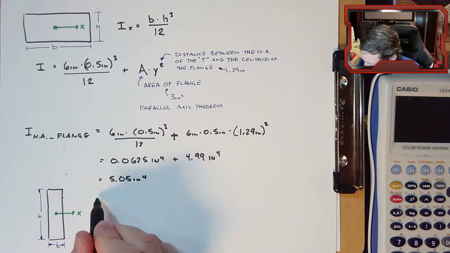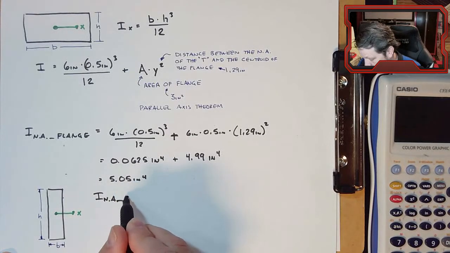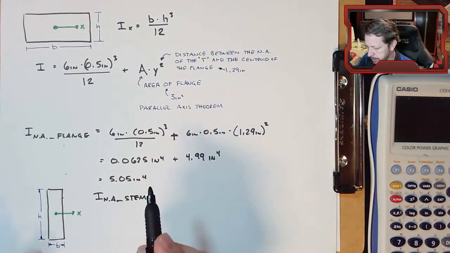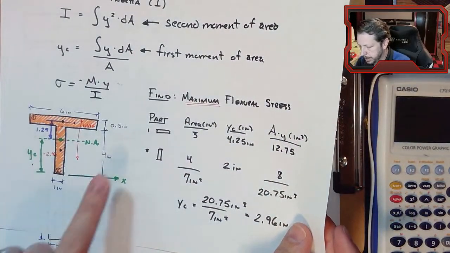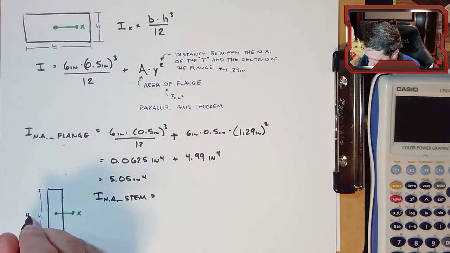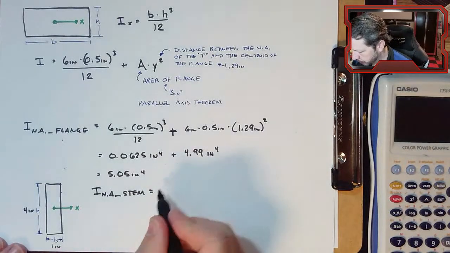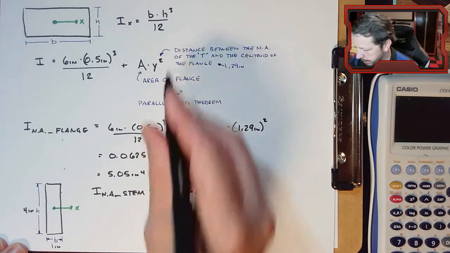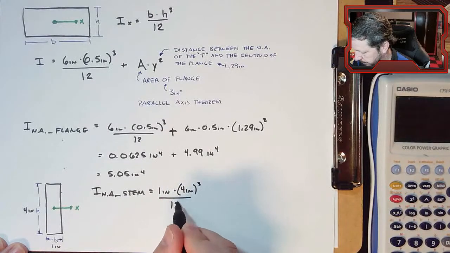So the I about the neutral axis for the stem equals bh cubed over 12. Let's get these dimensions: a base of 1 inch and a height of 4 inches. So a base of 1 times a height of 4 cubed over 12.